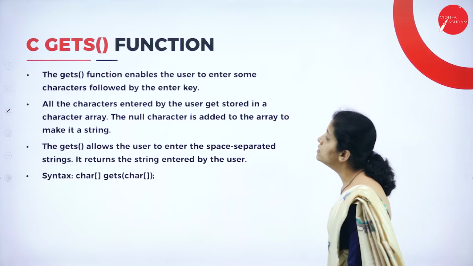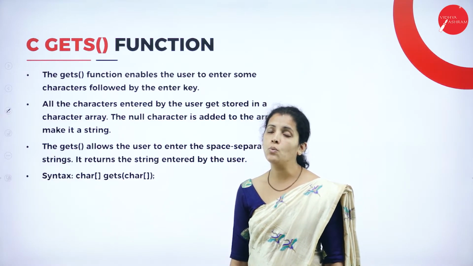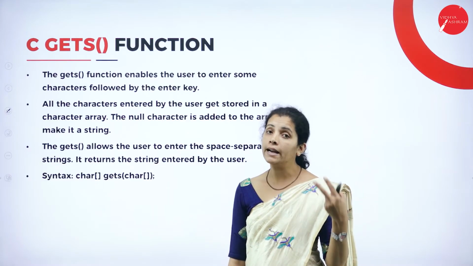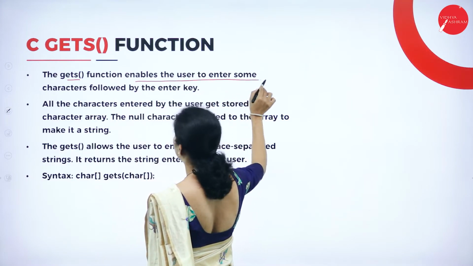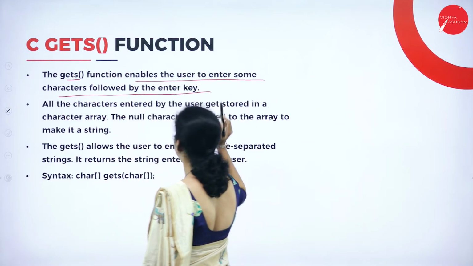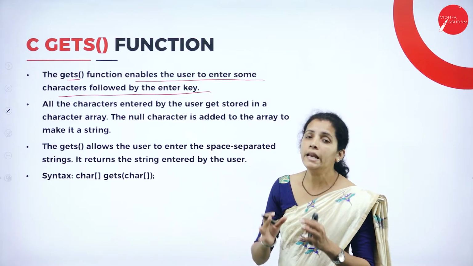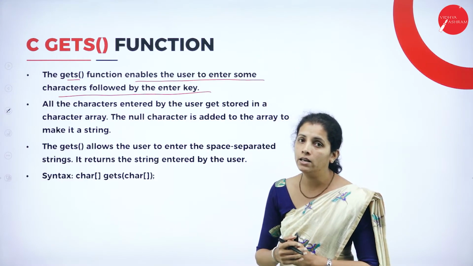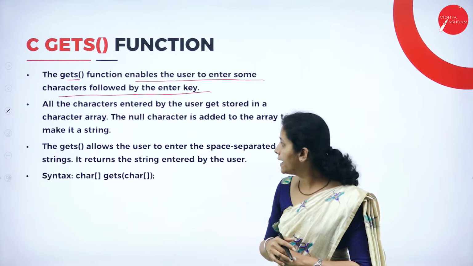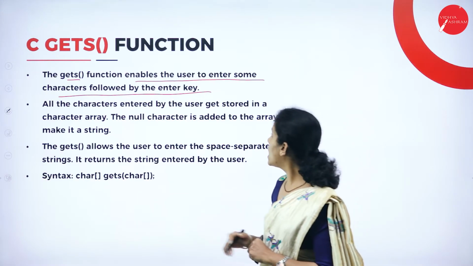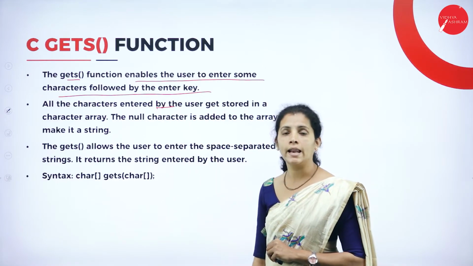Now I'm going to cover the gets function and the puts function. So what is this gets? That is, get the string. The gets function enables the user to enter some characters followed by the enter key. All the characters entered by the user get stored in a character array.